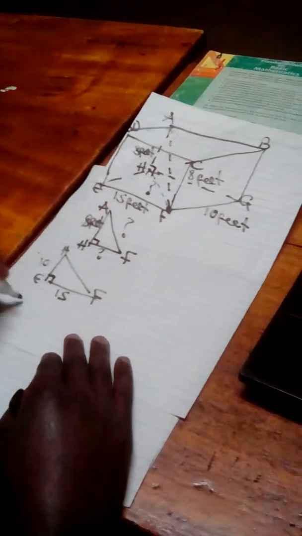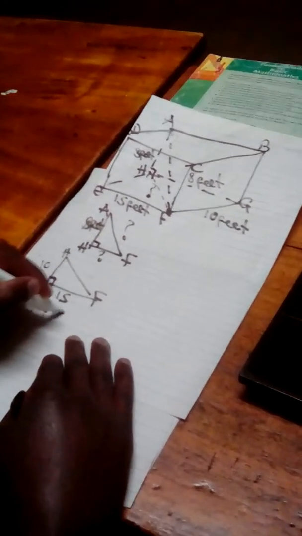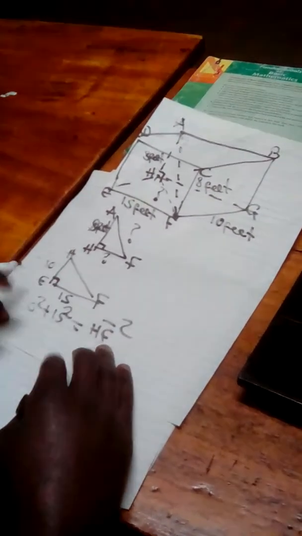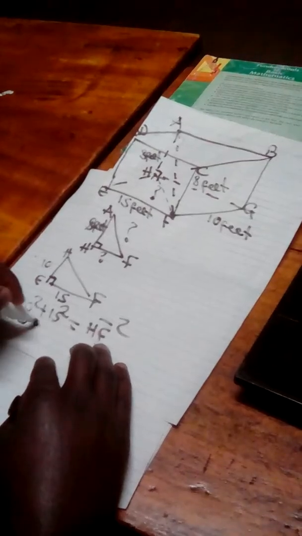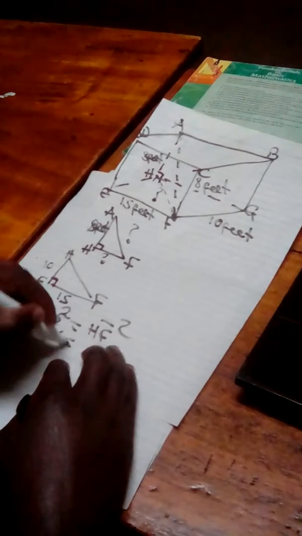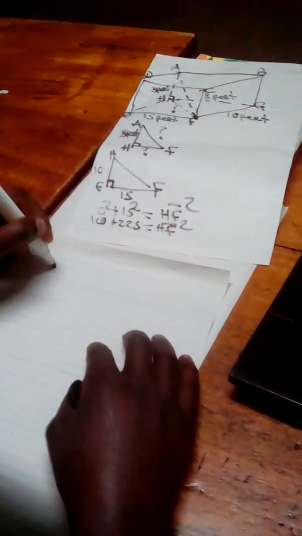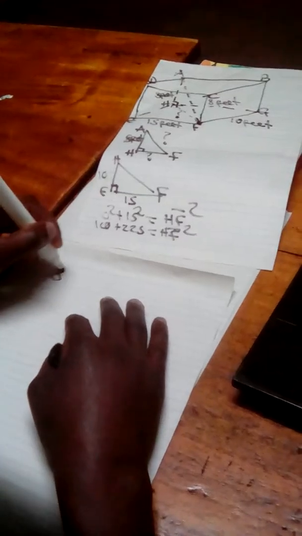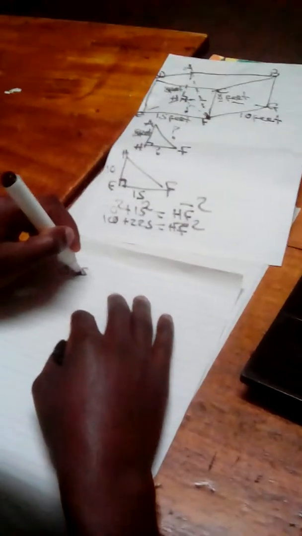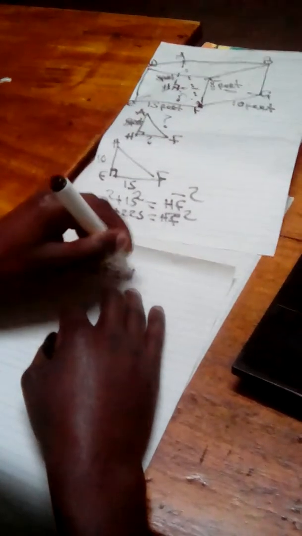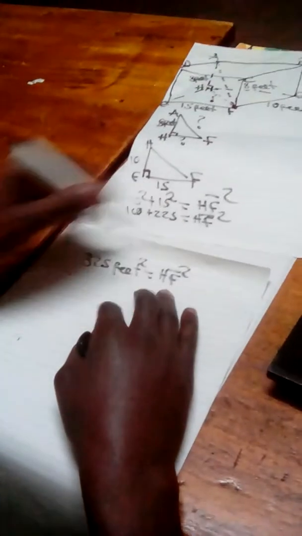How do we find it? Apply the Pythagoras theorem. That is 10 squared plus 15 squared equals HF squared. This is 100 plus 225 equals HF squared. So going on, you have 325 feet squared equals HF squared.